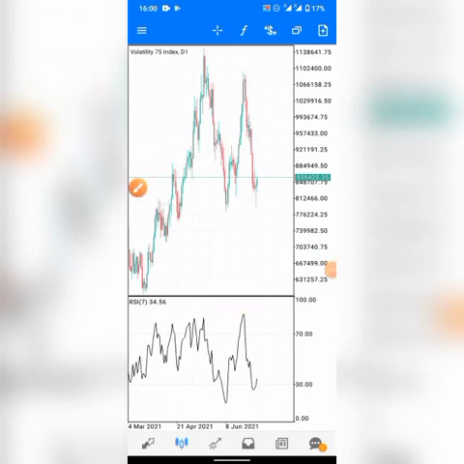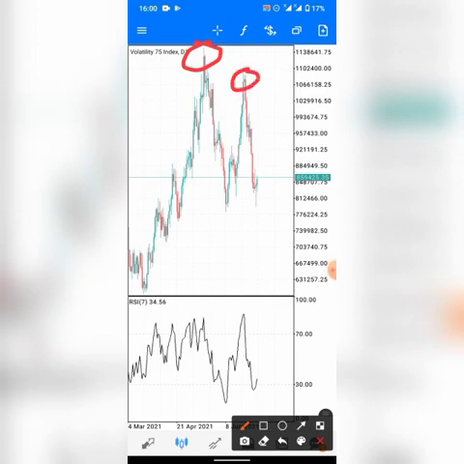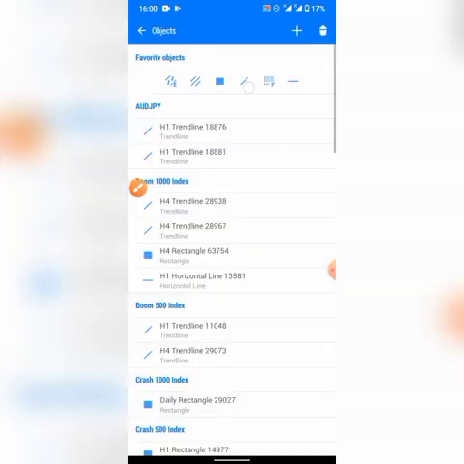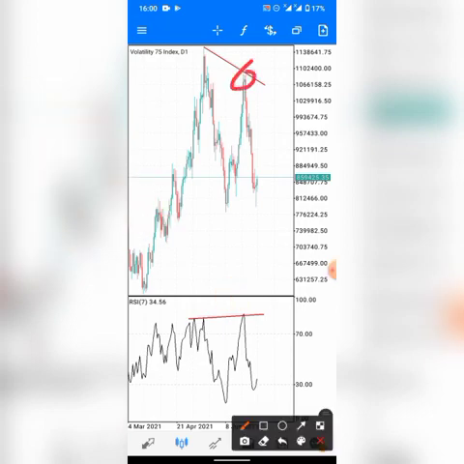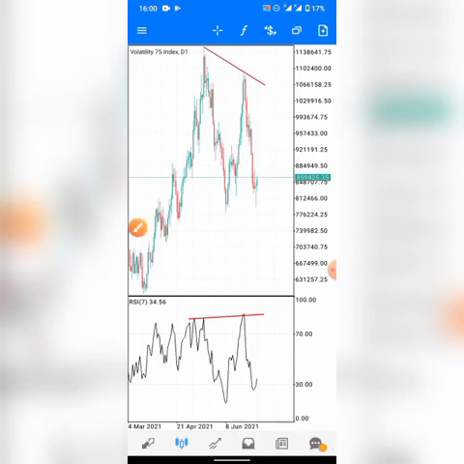For example, this and this, you can see that price and also the indicator are moving in opposite direction. This is trying to signify to us that price is likely to sell. What I'm just trying to clarify in this example is that we can also use divergence.